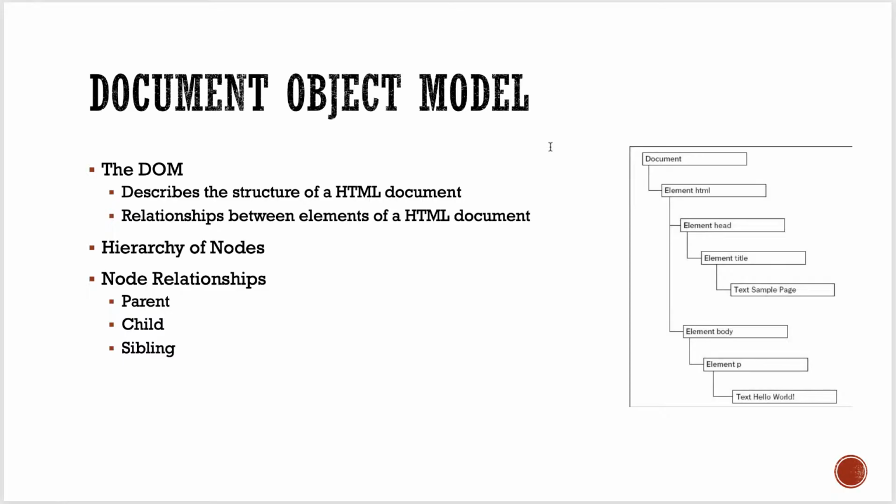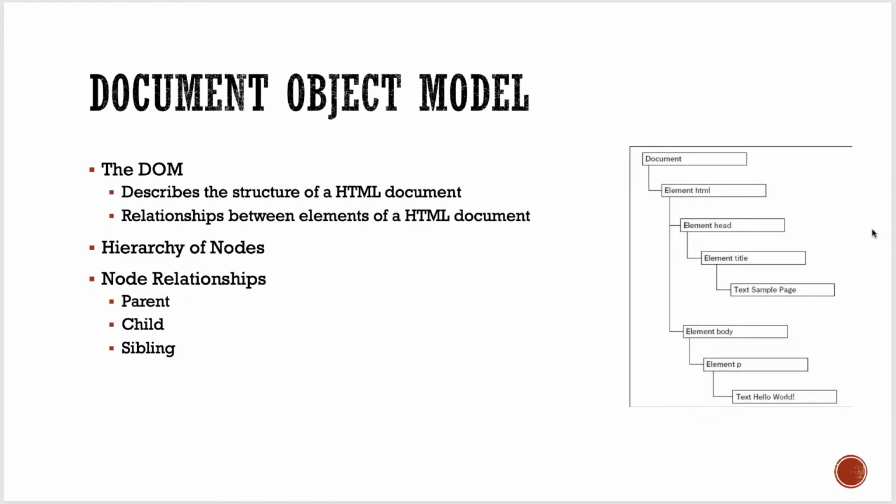A parent relationship is when one node encompasses another node or another HTML element. A child relationship is when one node is under or is part of another HTML element. A sibling relationship is a relationship in which two elements are at the same level in the HTML document.